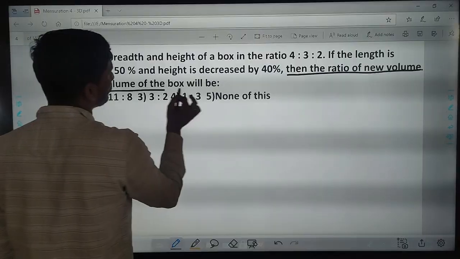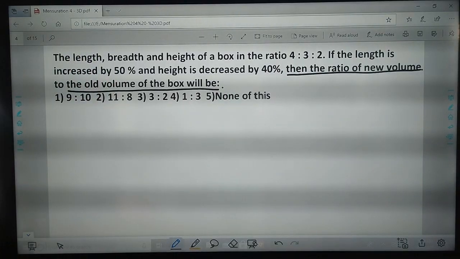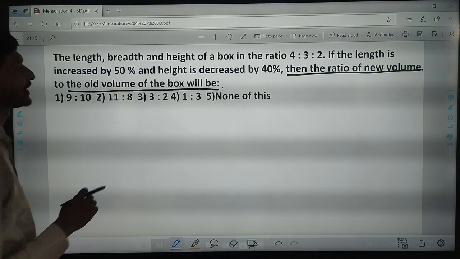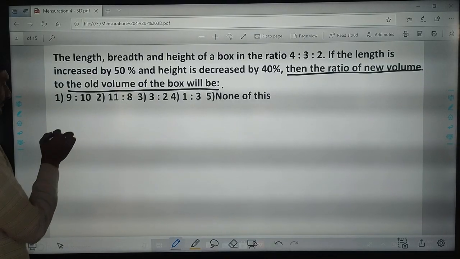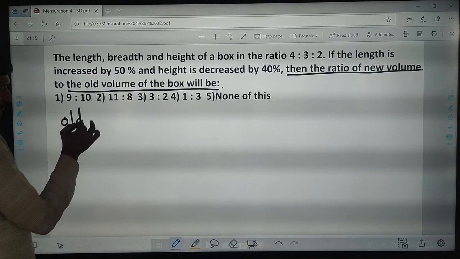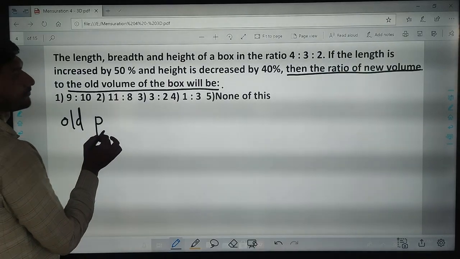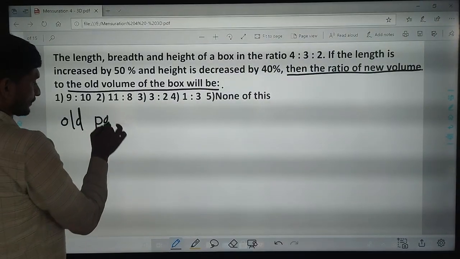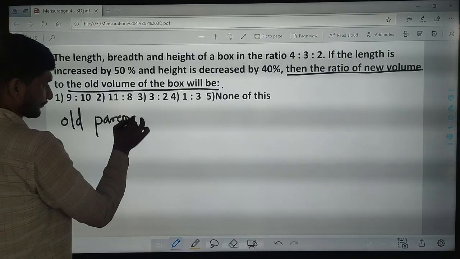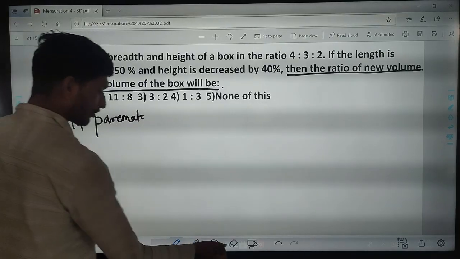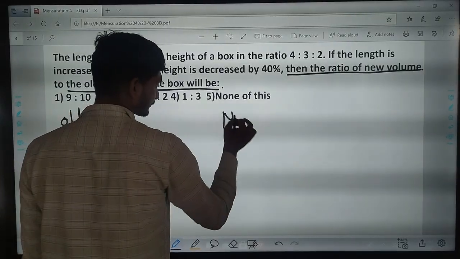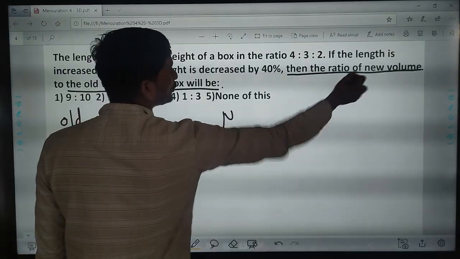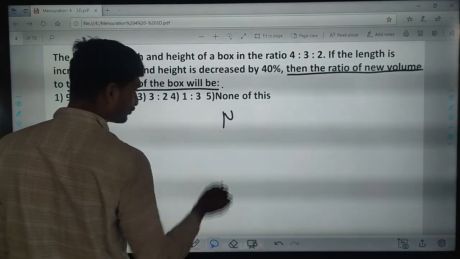Here old parameter and new parameter, we write here old and here new, and we find the ratio of new to old.